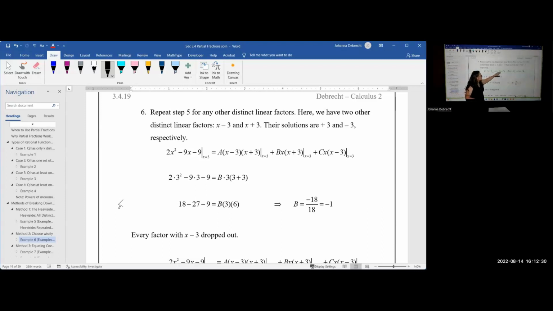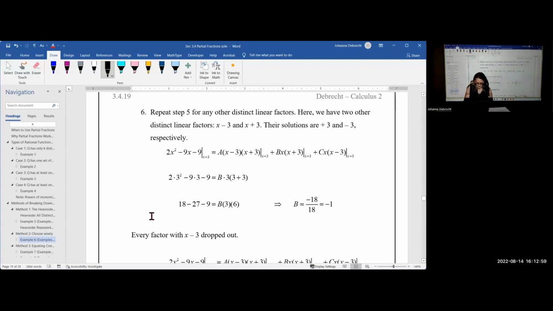But any factor on the right that has x minus 3 is going to drop out, because 3 minus 3 is 0. 0 times anything is 0. So the first one drops out and the last one drops out, and we just get the middle one, b times 3 plus 3, which gives us 18b. And then when we work this out, we get b equals negative 1.